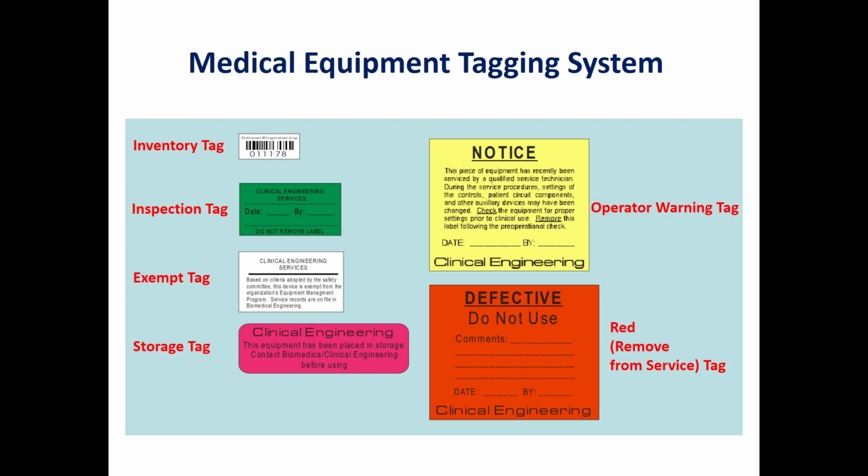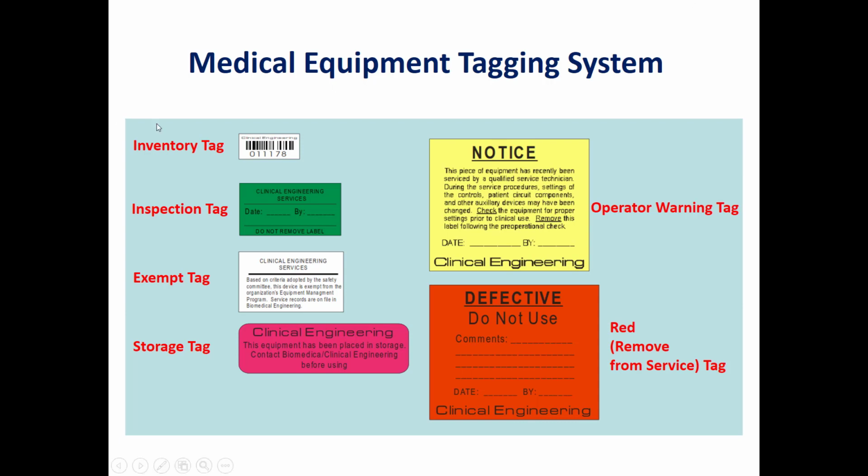Another important point in our policy in clinical engineering is the tagging system for all medical devices. We have different types of tags. As we can see here, we have the paper tags.